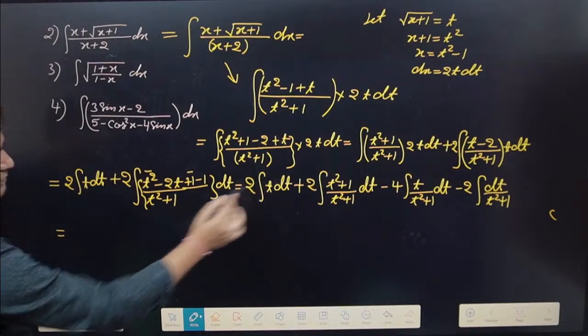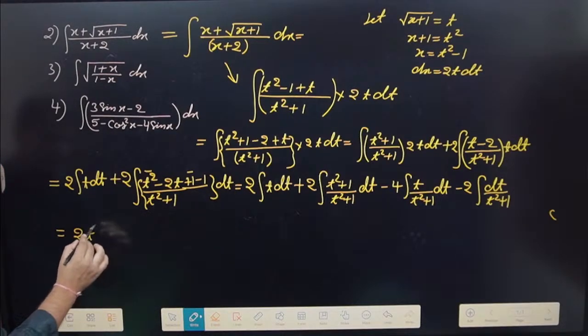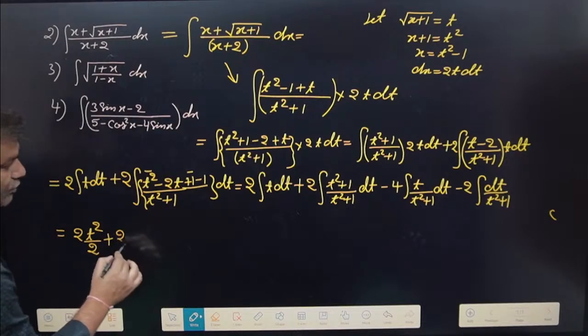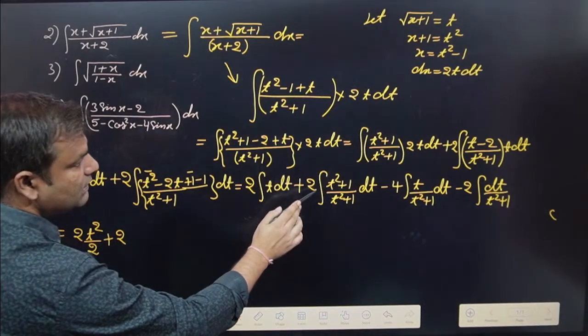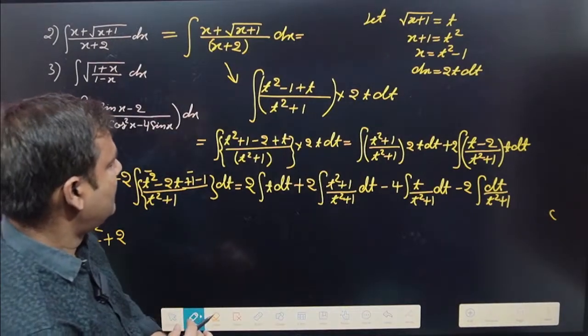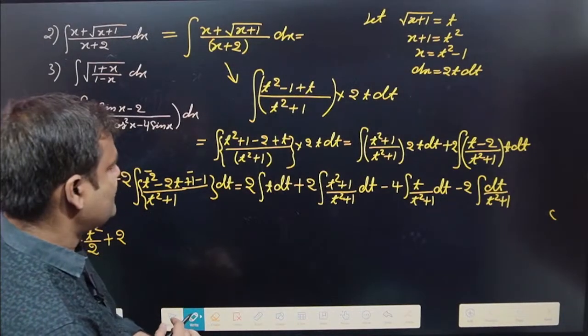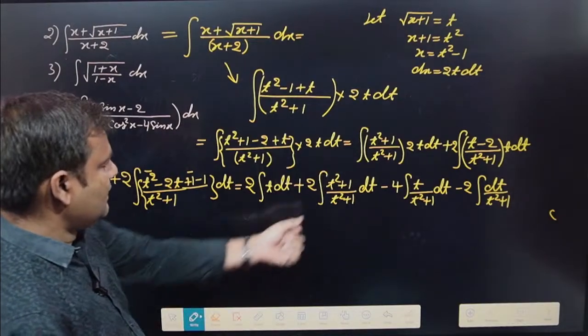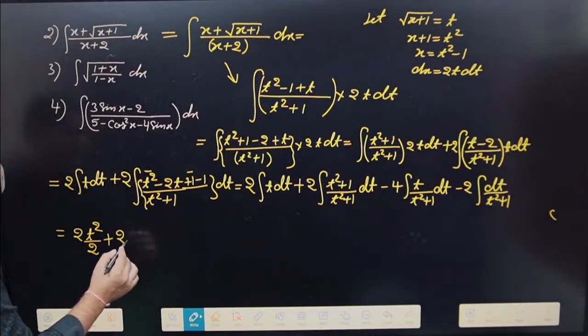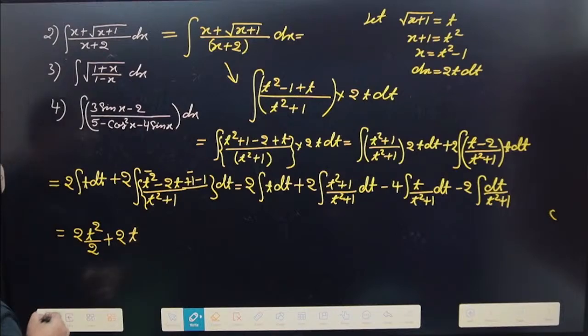Simply 2 into t square by 2 plus here 2 into dt, so simply t, 2t.